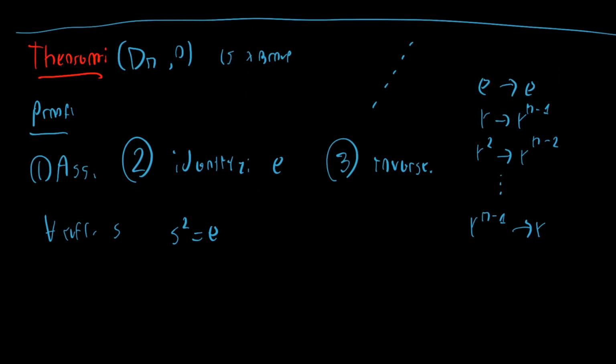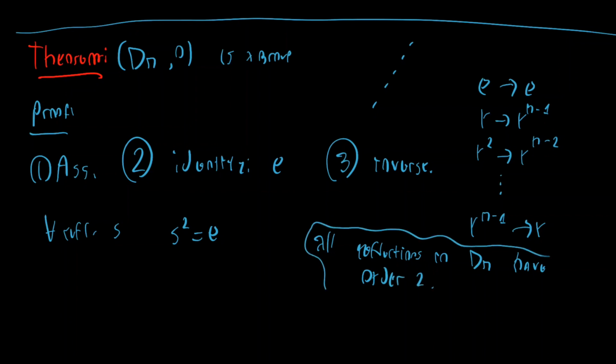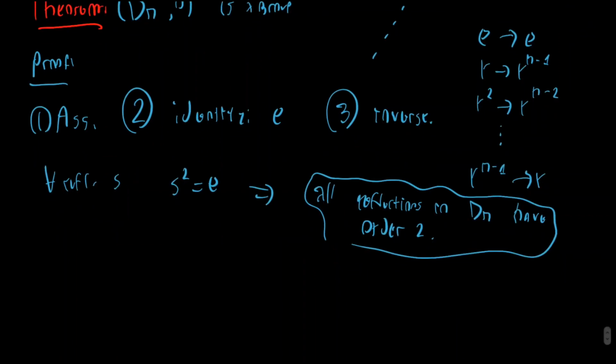Using the notation we talked about before but have not yet introduced formally, all reflections in Dn have order 2. This is another fact that follows from this consideration. So we have found an inverse for each element, we have an identity, and this is associative.